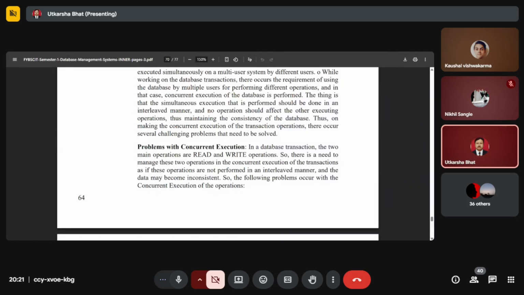There is a need to manage these two operations in concurrent execution of transactions, as if these operations are not performed in an interleaved manner, the data may become inconsistent. So the following problems occur with concurrent execution of operations.